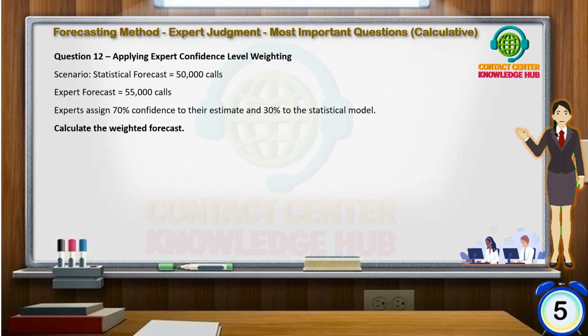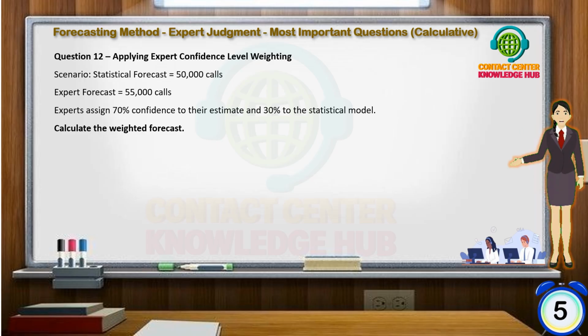Now let's solve question 12, applying expert confidence level weighting. In this scenario, we don't want to fully replace the statistical model. Instead, we'll create a hybrid forecast using confidence-based weighting. Here are the inputs. Statistical forecast is 50,000 calls. Expert forecast is 55,000 calls.